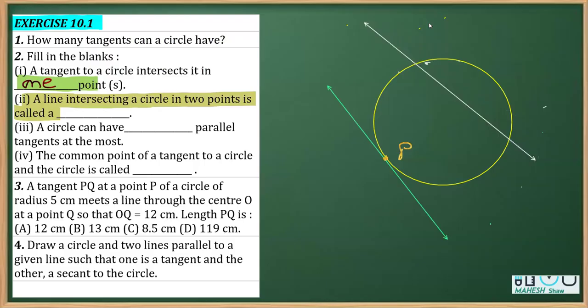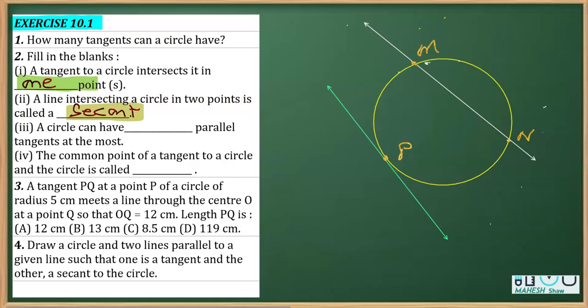Because now you can see it has two points, one point over here, say M, and this is N. So the answer for this part is 2, and it's called secant. That is the answer for the second part.